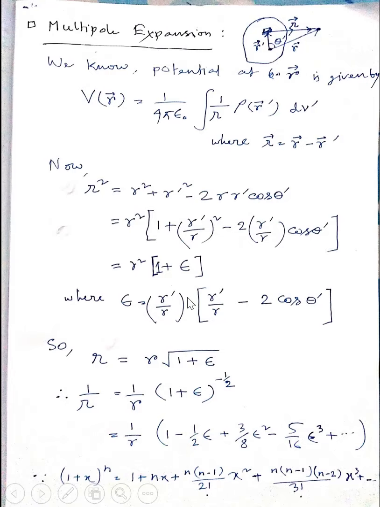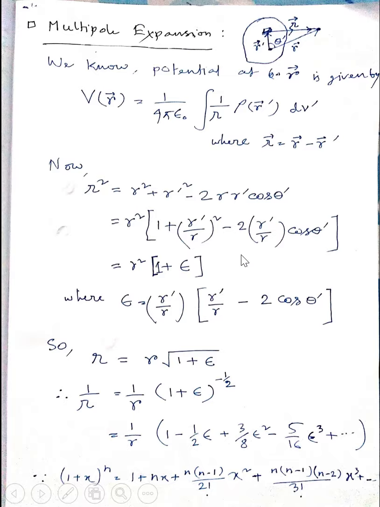And if I consider that this epsilon is very small, why this is small, you can understand from the expression of epsilon. What is epsilon? That is r dash by r, multiplied by this factor.